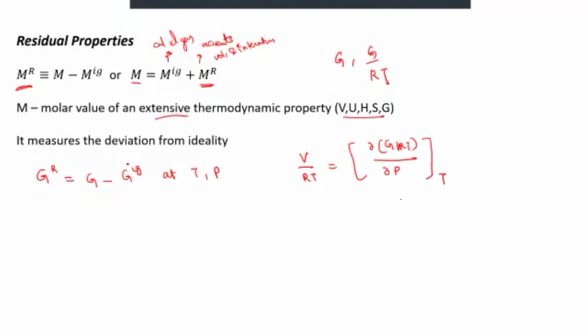If I take the same thing for the residual property, which is actually M minus M^IG only, then I express it as G^R by RT equals the integral from 0 to P of V^R by RT dP.